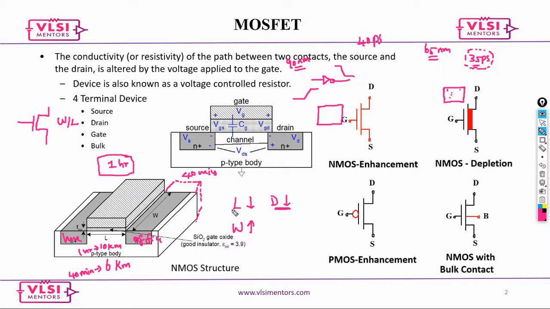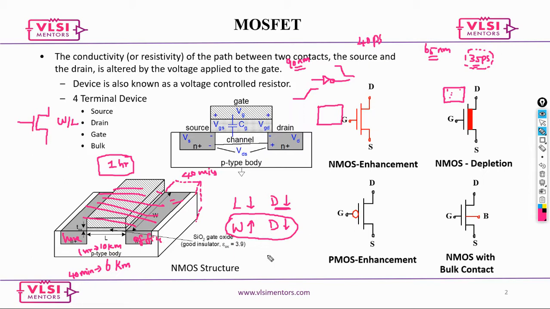Delay decreases because there is a lot of area. The charges can travel in parallel, and they can charge this drain quickly. So when the width increases, your delay decreases, assuming your length is constant.